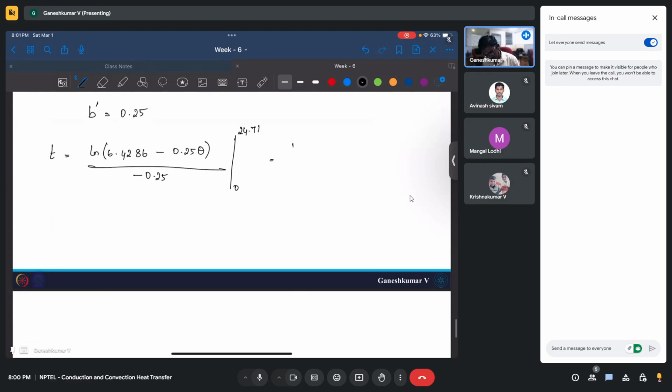Let's put everything together: log of 6.4286 minus 0.25 into 24.71, minus natural log of 6.4286. 0.25 times 0 is 0, so I'm neglecting that, divided by minus 0.25.